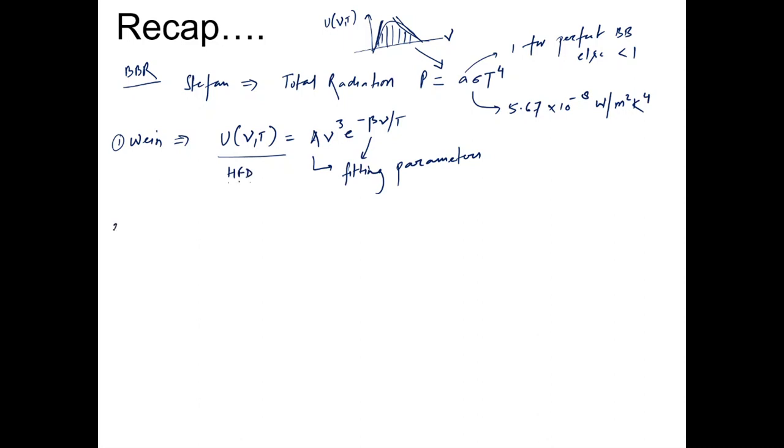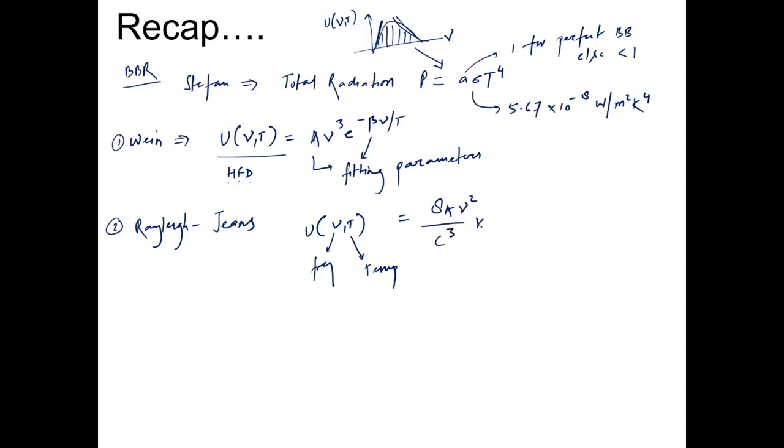The other one was given by Rayleigh-Jeans. Again, in this case, the energy density per unit frequency, where nu is frequency and T is temperature, was given by the formula 8 pi nu square divided by c cube times kT.